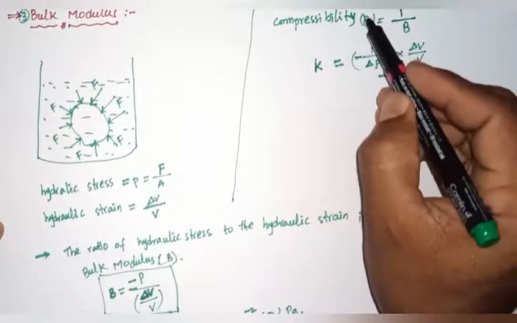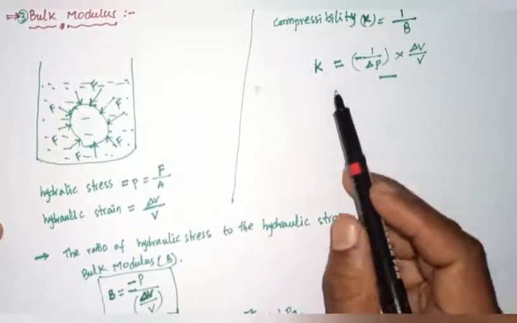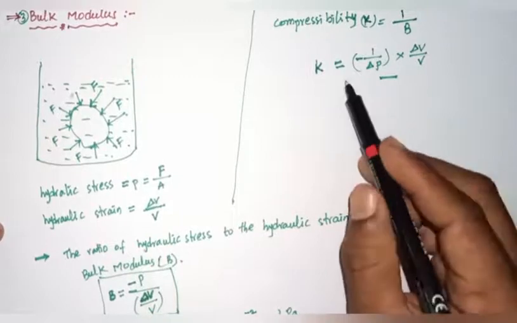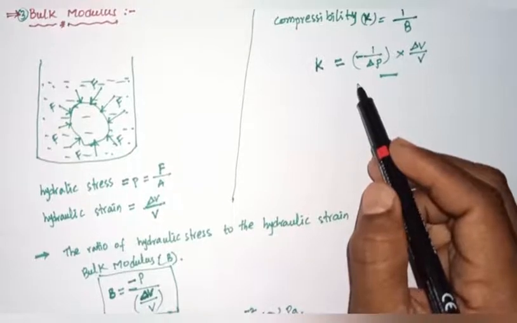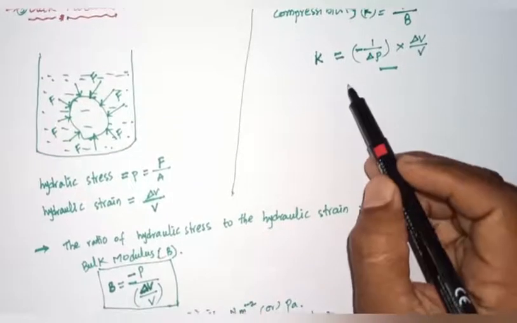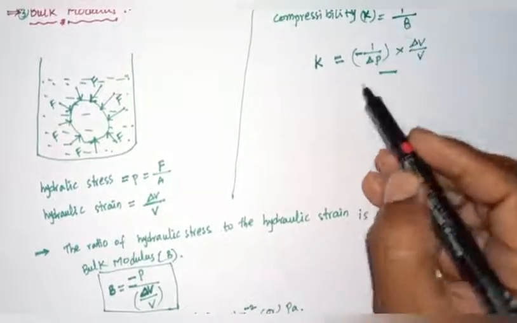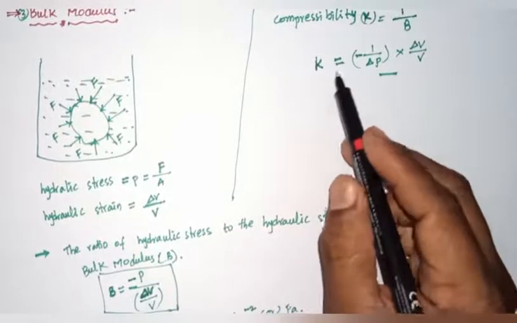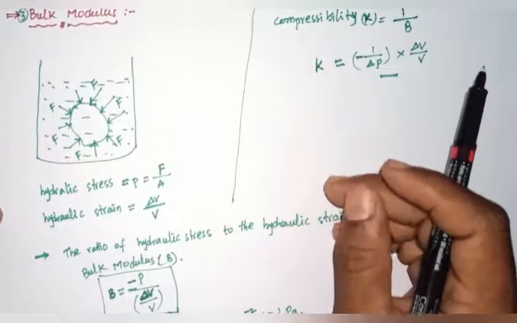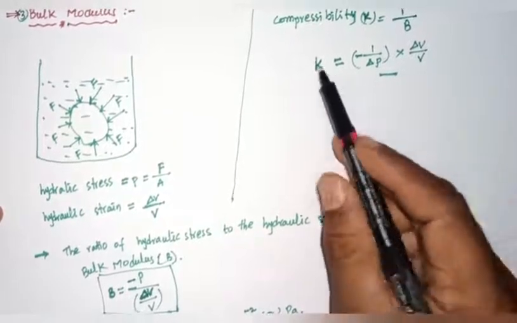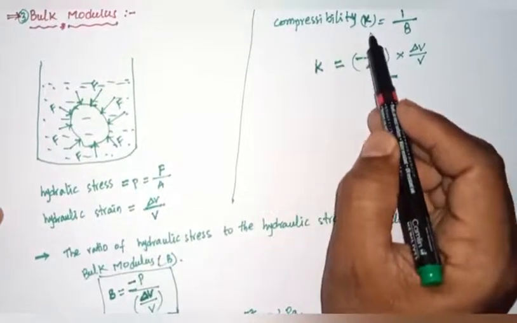The incompressibility of solids is due to the interatomic forces between two atoms. The interatomic forces between two atoms are stronger in solids, so an atom is coupled with more force to its neighboring atoms. So solids have less compressibility.